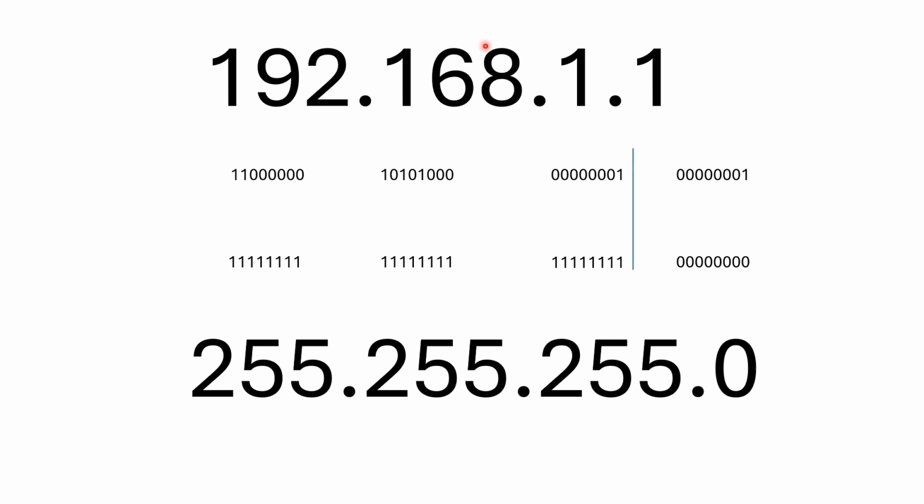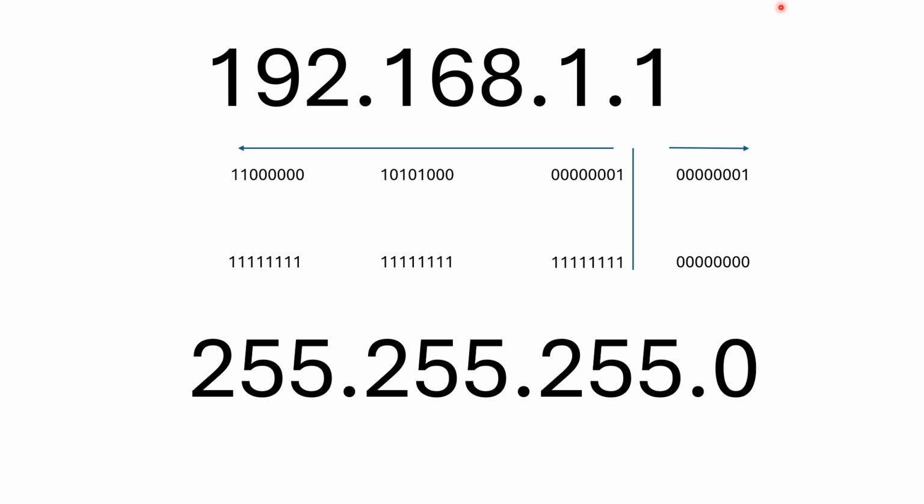Now let us put a line where we see the last one in binary for the subnet mask from left to right. Okay. Now let us look at the IP address. The binary digits to the left of this line represent the network, and the binary digits to the right of this line represent the host address.